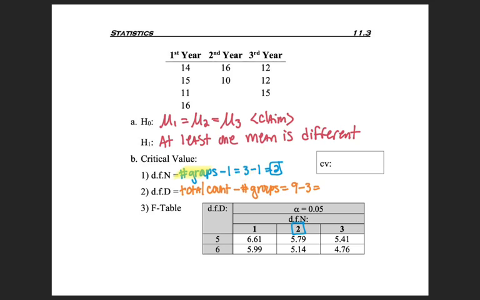Remember, the number of groups was 3, not 2. Watch out for that. And so we're going to be in degrees of freedom, or row 6. Finding where these numbers meet, we have to be on table 0.05. The critical value is 5.14.